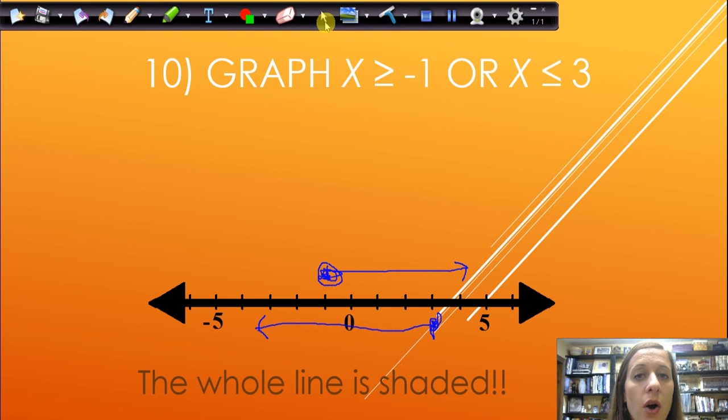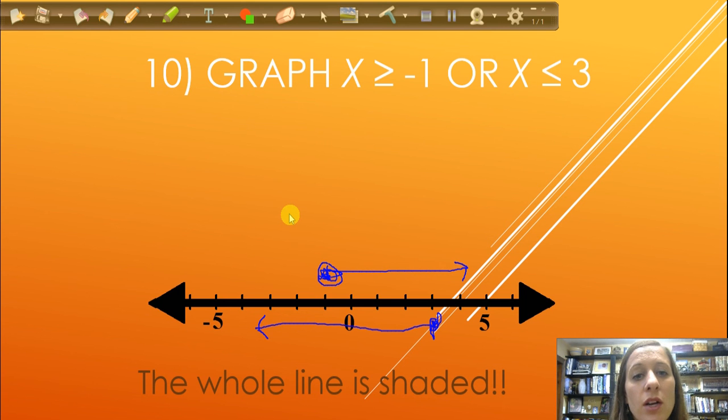For the word or, we want to include all of the shading for both graphs. So that's going to include everything greater than -1 and everything less than 3. That includes everything between -1 and 3 and everything that's greater than 3, because this graph continues to go to the right forever and the bottom one continues to go to the left forever. So we're going to shade everything on our number line because or includes all shading.